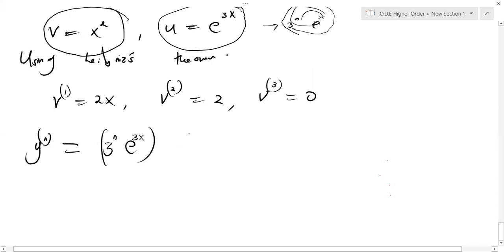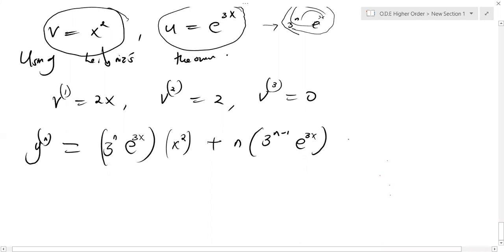What's the value of our v? Our v is x squared, plus, from the formula, n multiplied with u raised to power n minus 1, and that will be 3 to the n minus 1 exponential 3x, the nth minus 1 derivative, and then multiplied with v1.